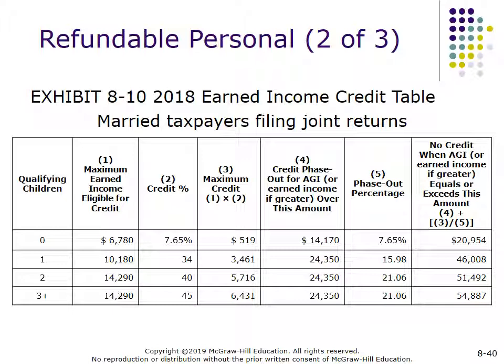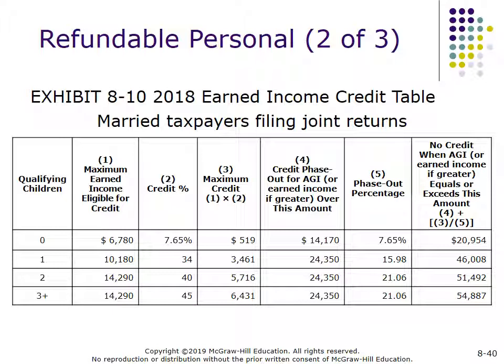Actually, no, I read that wrong. The maximum earned income eligible, sorry. Now multiply that by 7.65%. Actually, your maximum is $519. All right. As a married filing joint, once your income is at $14,170, we start phasing out that $519. How much? 7.65%, the amount it is over $14,170.